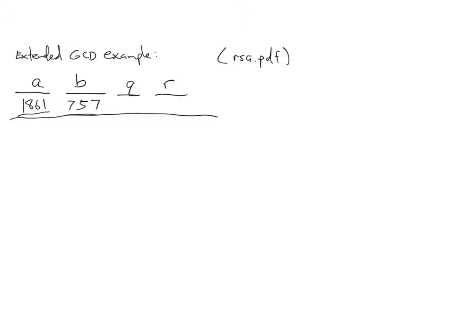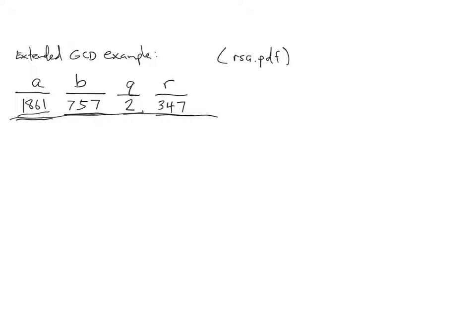So that means it goes in twice, and the remainder is .45. So I subtract 2 and multiply by the divisor, and I get 347 for the remainder. So this means that 1861 is equal to 2 times 757 plus 347, as desired.